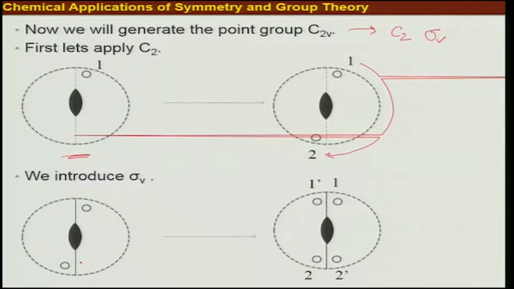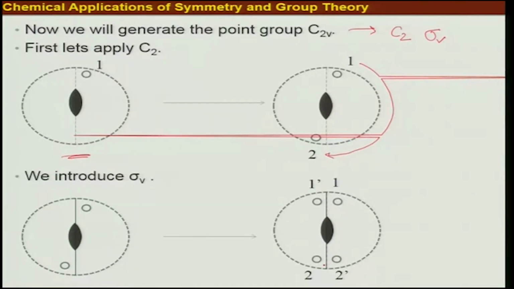So, the result of applying sigma v after applying this C2 is this. Now you see I am marking here that this point was 1 and this point was 2. Now, this 1 prime and 2 prime have been generated by reflecting the points 1 and 2 through this plane, which is our sigma v.